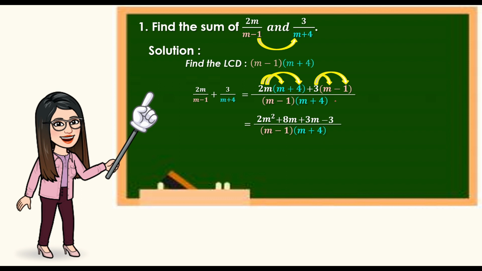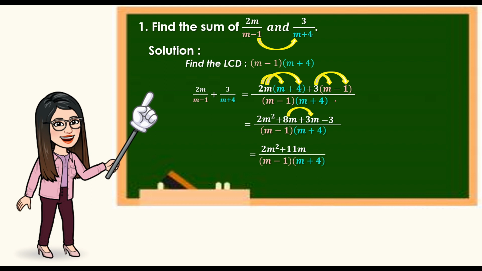After this, let us combine like terms. Let us just write the denominator. Since 2m squared has no like term, we will just rewrite 2m squared. And as you can see, 8m and 3m are like terms, so we can combine them, or we can add them. 8m plus 3m is 11m.